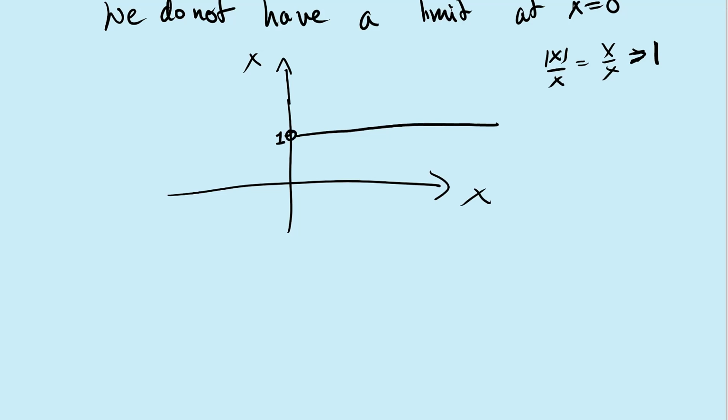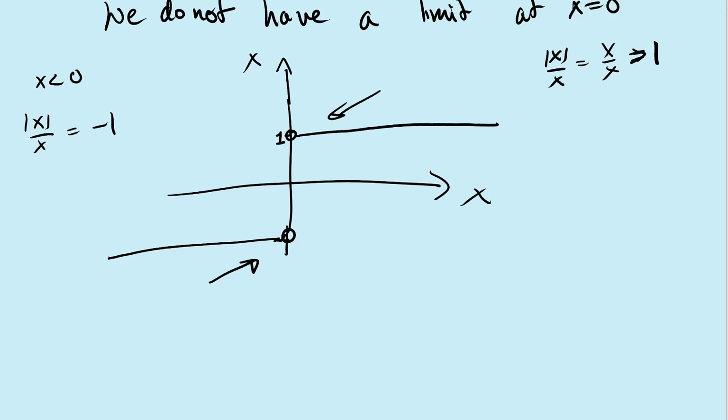And then for x's that are less than 0, we have absolute value of x over x equals -1. And so we're looking at this function here, right? But we do not include the point at x equals 0. So very clearly the limit here will go to 1, the limit here will go to -1, and we do not have a single limit at x equals 0.